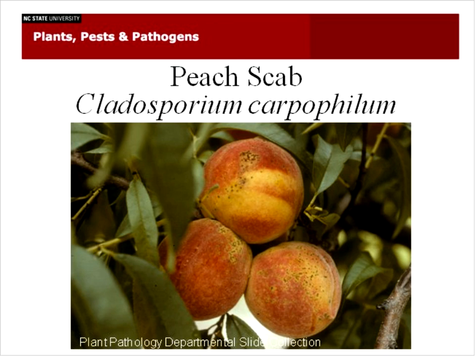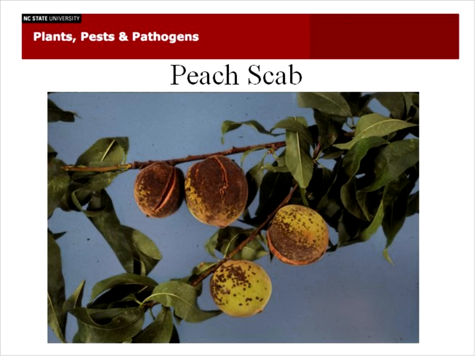For this disease, the most important period for infection is that first month after shuck split. And if you get enough lesions on the surface of these, then the skin of the fruit won't be able to expand like the interior, and you'll get cracking, as you can see here.